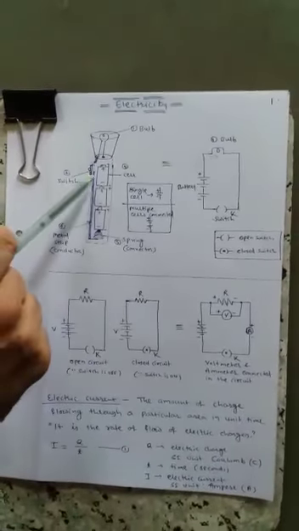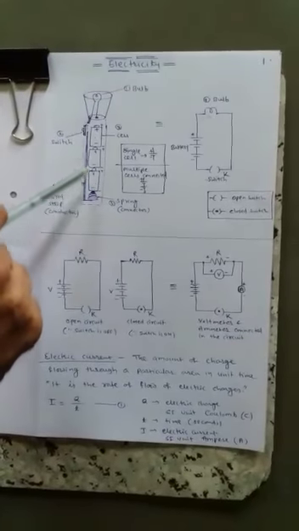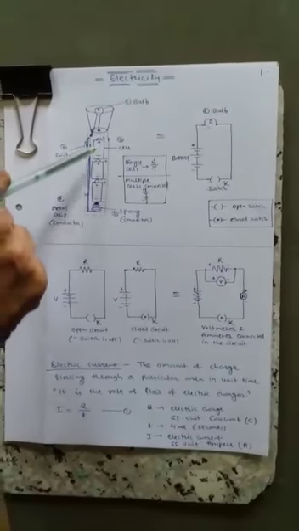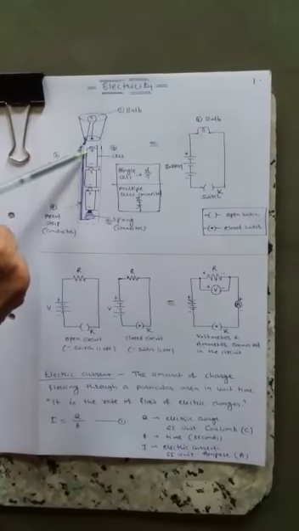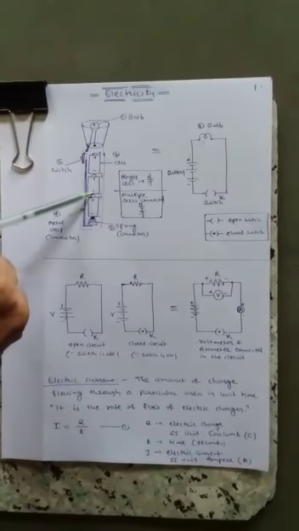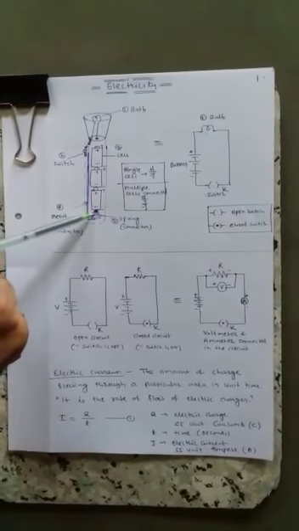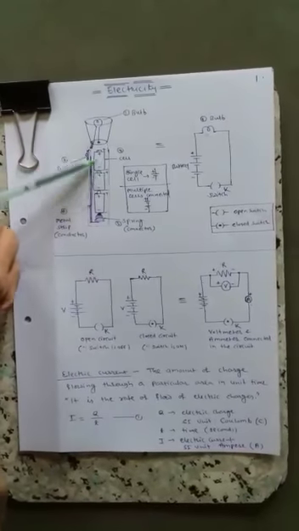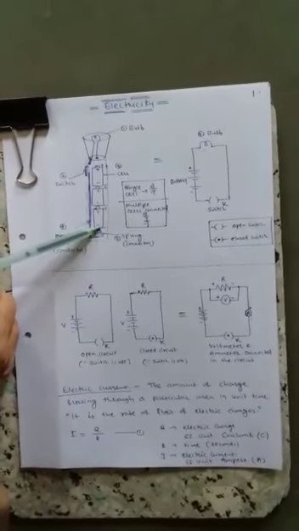And see the way the cells are arranged inside the battery: plus minus, plus minus, plus minus. Here at the top the terminal is plus and at the bottom the terminal is minus.